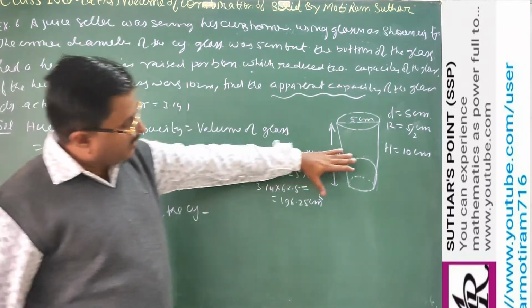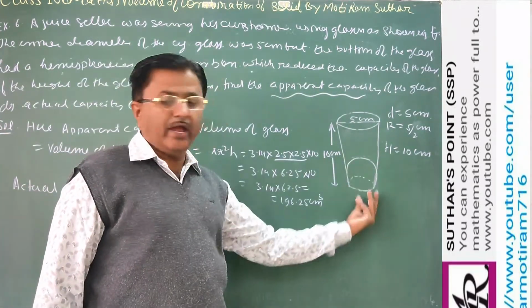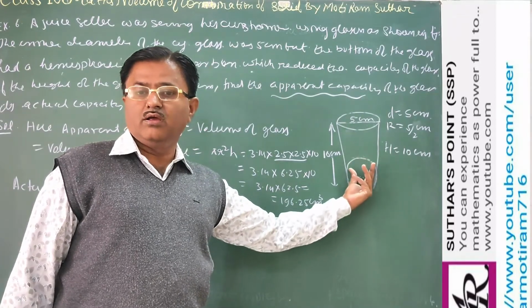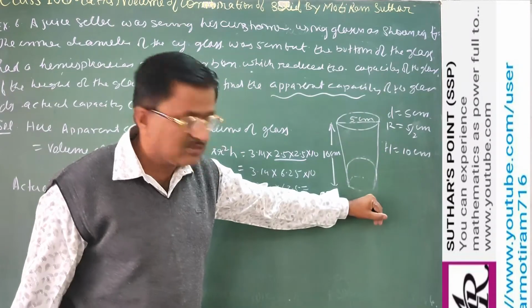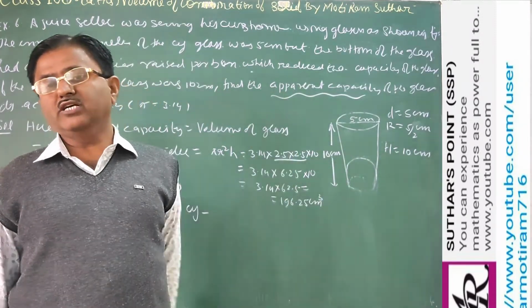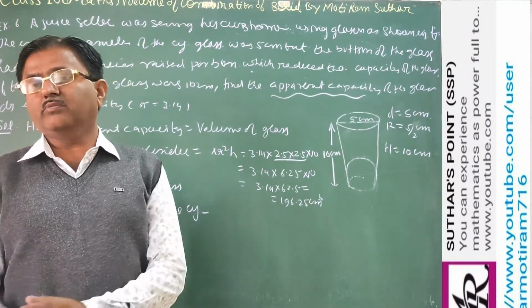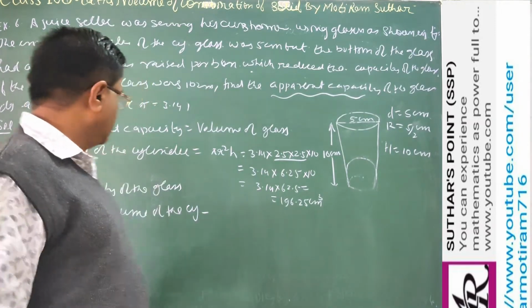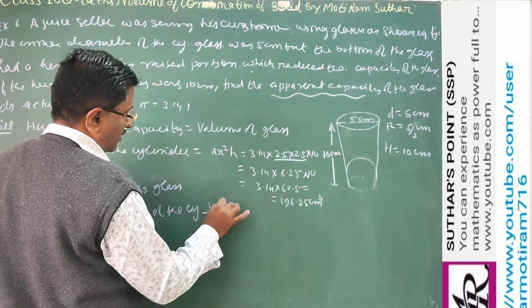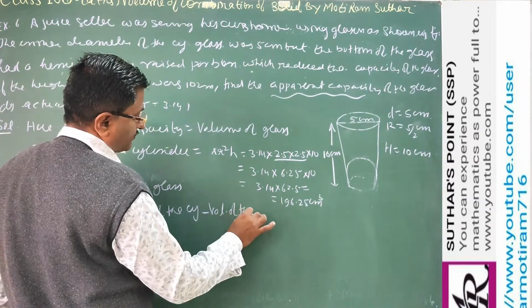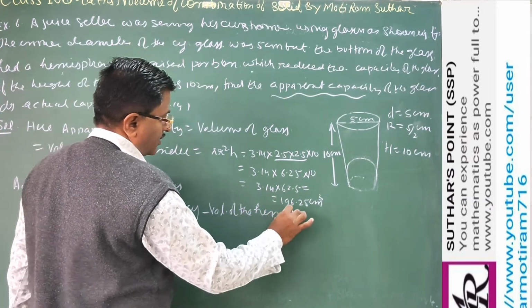Now inside this there is a hemispherical bowl. So what we see? Total volume minus volume of the hemisphere. That is the actual quantity of the juice. So we can write volume of the cylinder minus volume of the hemisphere.